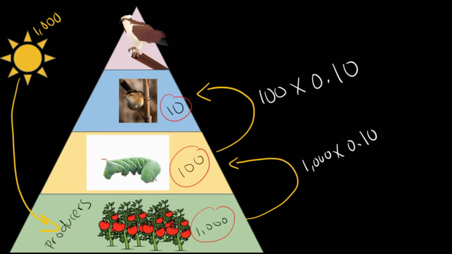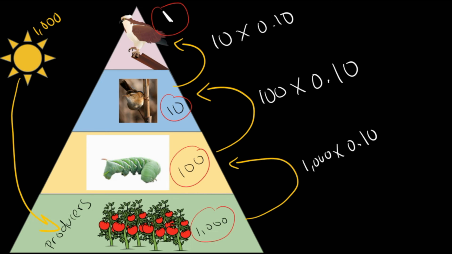The wren will do the same thing. It'll do daily activities using up about 90% of that energy. So when the red-tailed hawk consumes the wren, he would only get 10% of that energy that's left over. So 10 times 0.10 gives the hawk only 1 unit of energy left over.